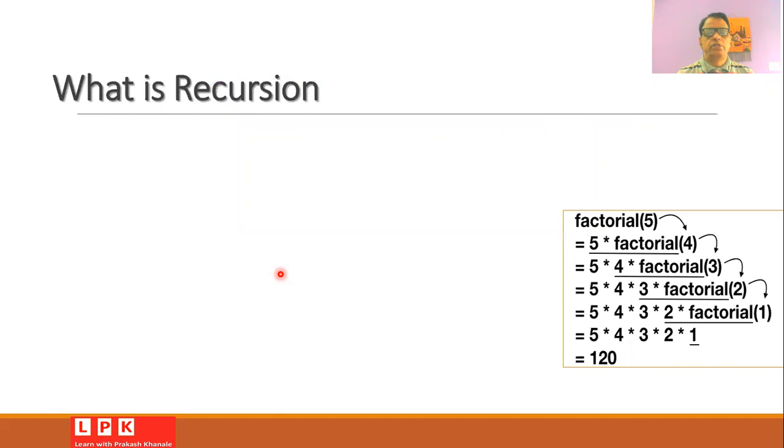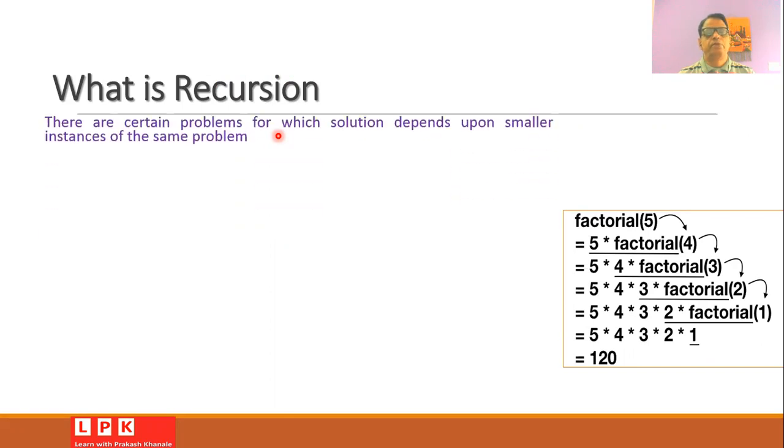So let us start the session with the question: what do we mean by recursion in data structure? There are certain problems, and whenever we go for finding the solution of these problems, we will find that the solution of such problems depends upon smaller instances of the same problem.